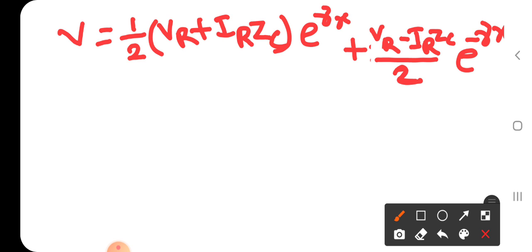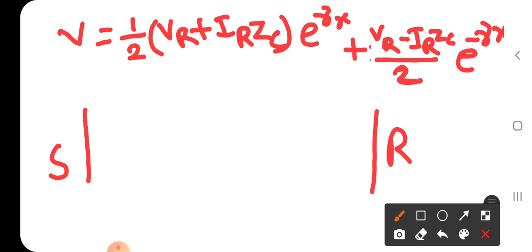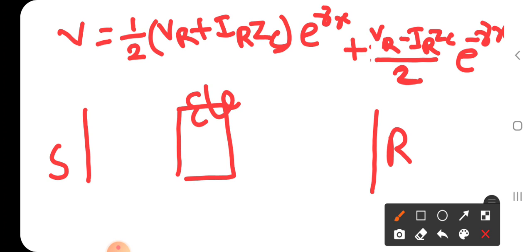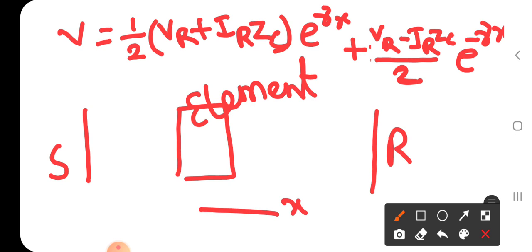Here x is the distance from the receiving end. If this is the receiving end and this is the sending end, and we have taken one element, the distance from the receiving end to the element is called x.